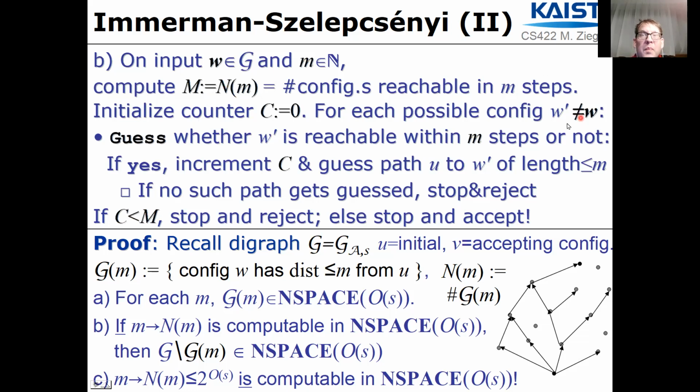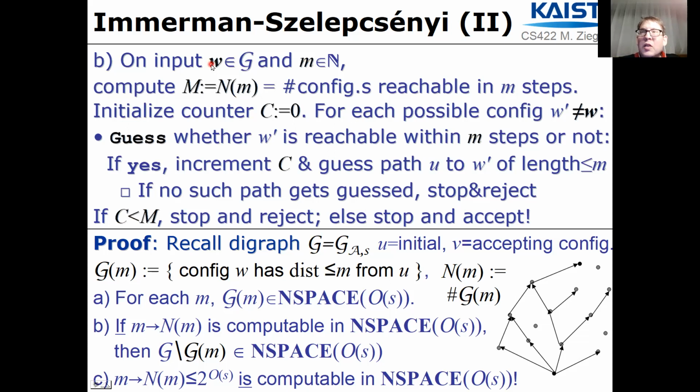So the only way for this counter to reach the actual value means that W is not reachable. And so in this case, we're going to stop and accept, right? Remember, we're talking about unreachability. So accept here means that W is unreachable.